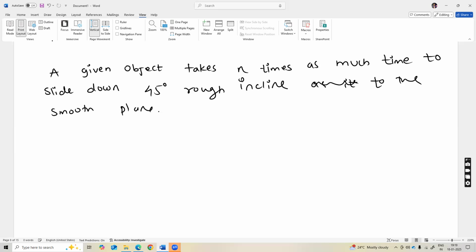The coefficient of friction between the object and incline, find mu.